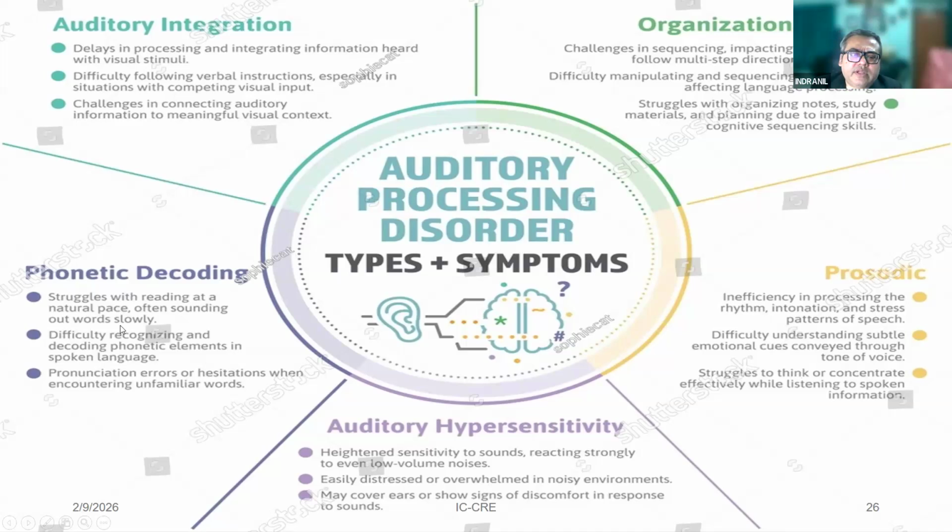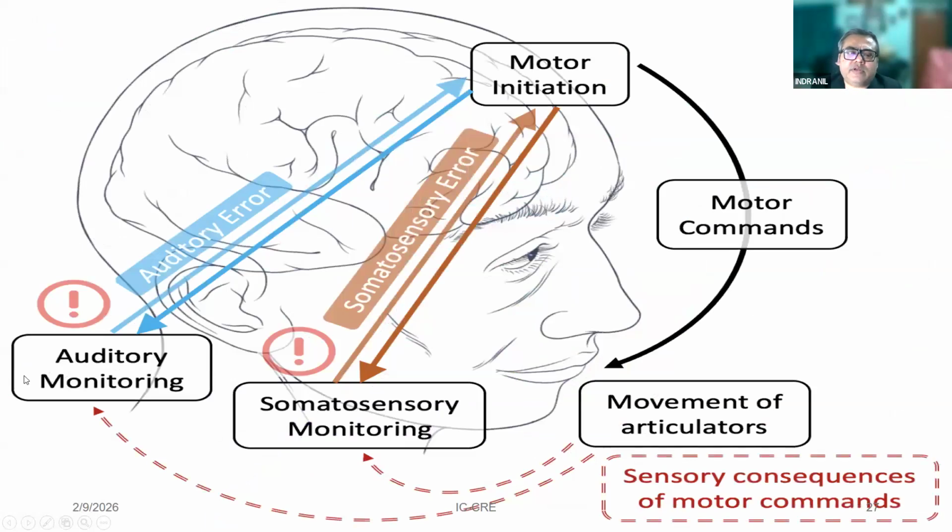And in phonetic decoding, we struggle with reading because we don't have auditory comprehension, phonic skills, and we don't know the phonetic elements. We cannot recognize the phonetic elements. And auditory hypersensitivity means heightened sensitivity to sound, hyperacusis maybe, or sometimes a lot of problems when there is a noisy environment. So this is the important part, where we can monitor the initiation.